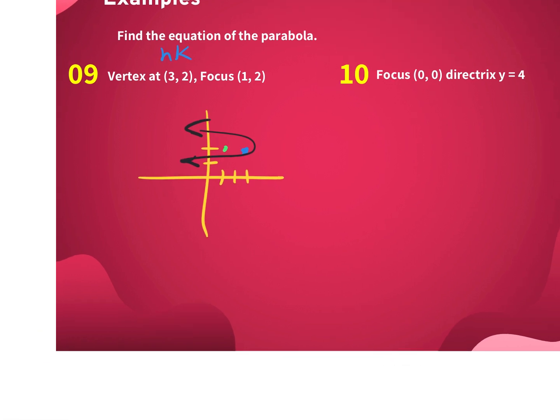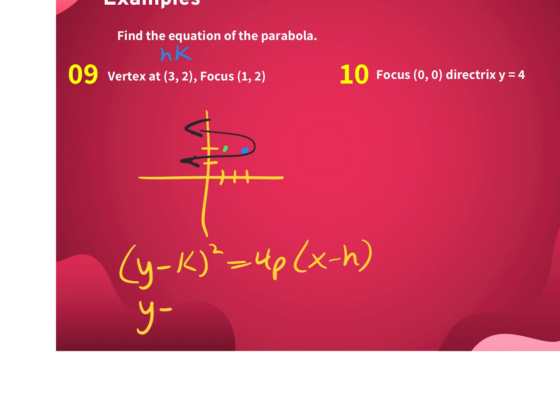So I'm going to go ahead and write down the equation I'm using. So (y minus k) squared equals 4p times (x minus h). So let me fill in. y minus 2 squared equals 4p, and I need to find the p value. Now, let me go ahead and stop here.